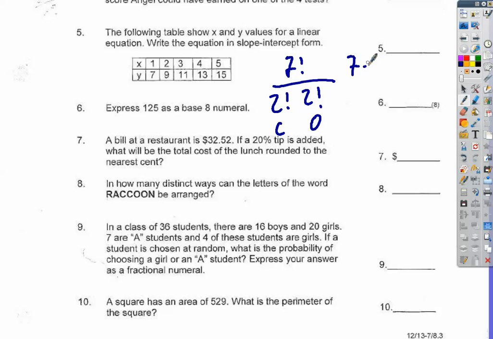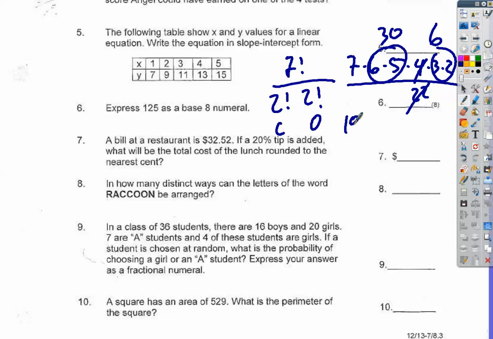So we have 7 times 6 times 5 times 4 times 3 times 2. 2 factorial is just 2, it's not very exciting. 2 times 2 is 4, so those cancel out. So here we have 30, here we have 6, so we have 180, that's 30 times 6, times 7, so here's my 0, 6 for 56. And that is 12, so 1,260.